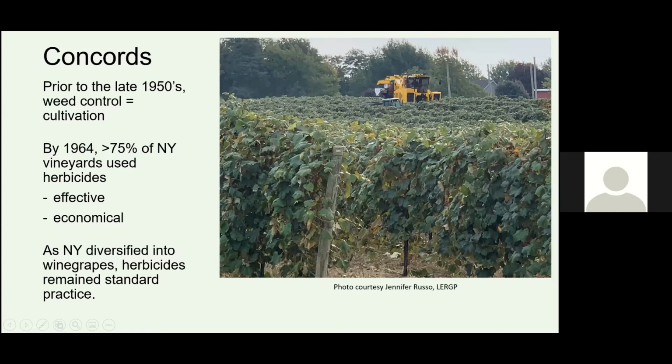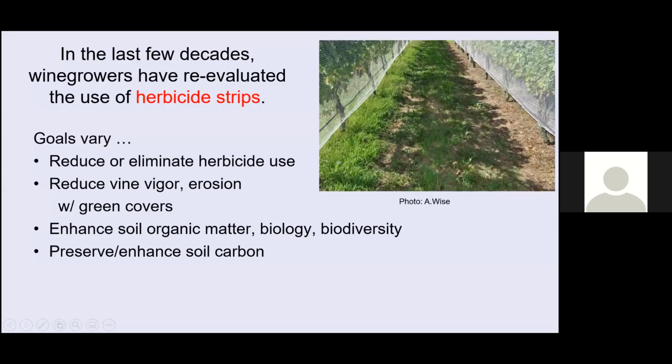But when pesticides became widely available, herbicides were adopted by many growers in the industry because they were very cheap and very efficient, and it saved a lot of money. So as New York diversified into wine grapes in the 70s, 80s, and beyond, herbicides still remained the standard. That's what we knew how to do to manage our vineyards in the industry.